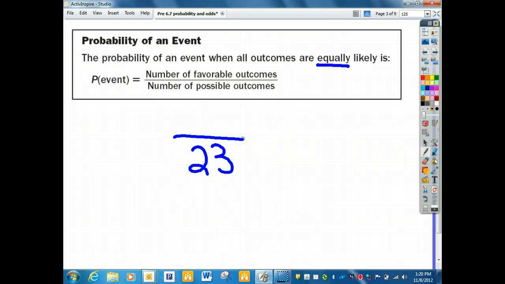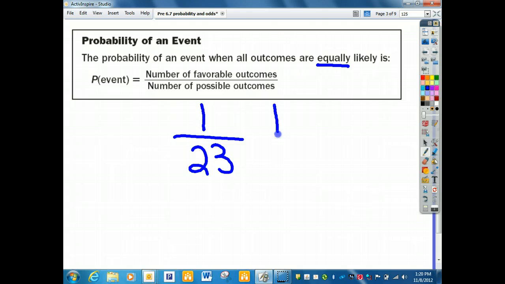The probability that I draw his name is 1, because he has the name in there once, unless he cheated and put it in there 2 or 3 times, right? No, he wouldn't do that. So the probability of that happening is 1 out of 23. What's the probability that I draw your name instead of his? Same thing.